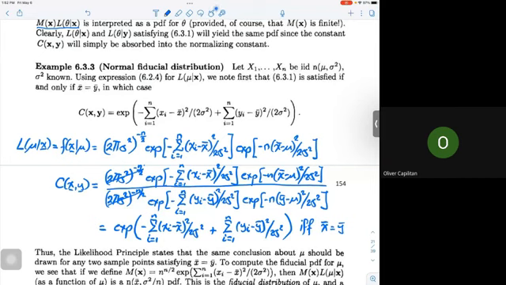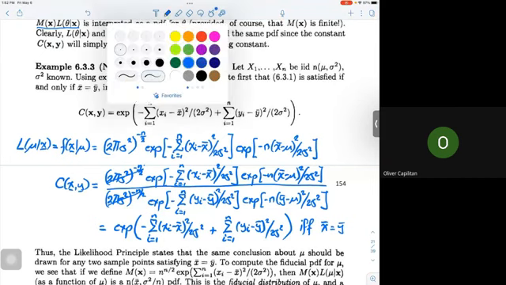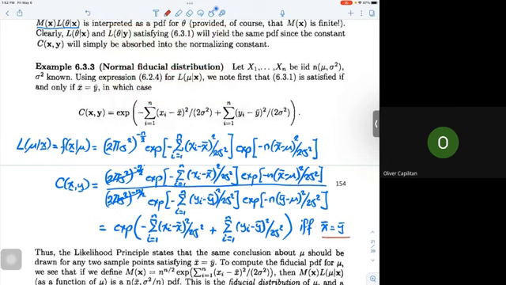If this is true, then we can cancel this out. That's 1. So that's the result. If we put this exponential function above, applying e to the a over e to the b equals e to the a minus b, we have that result for our constant c of x, y.